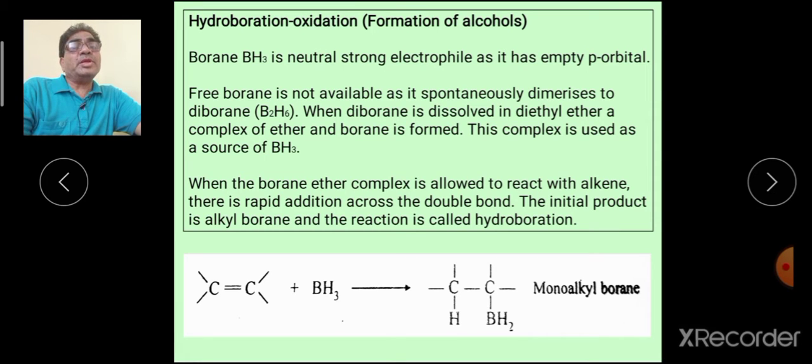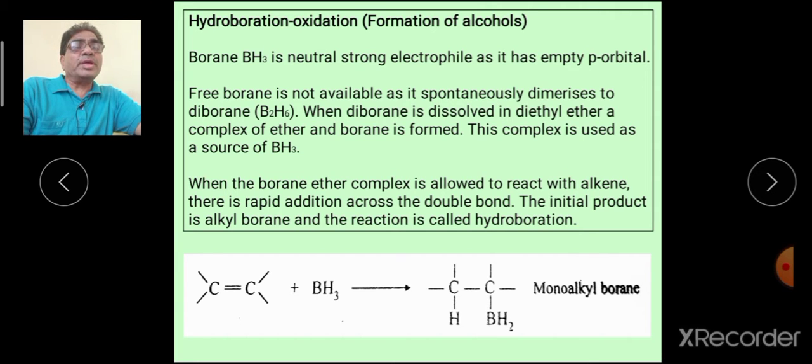Now free borane is not available as it spontaneously dimerizes to diborane, B2H6. And when diborane is dissolved in diethyl ether, a complex of ether and borane is formed. And this complex is used as source of this borane.